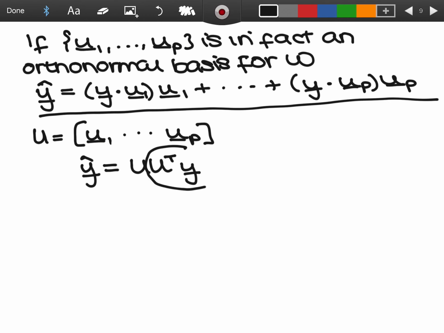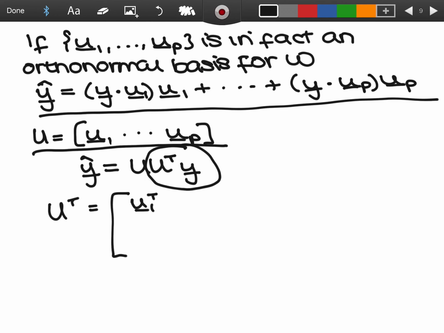Well, if we look at this term here, U transpose Y, U transpose would actually be this matrix transposed. So each one of the columns is now going to become a row. The first row of U transpose is going to be U1 transpose, because I'm taking that column and turning it into a row. So my new matrix is going to be U1 transpose through UP transpose.